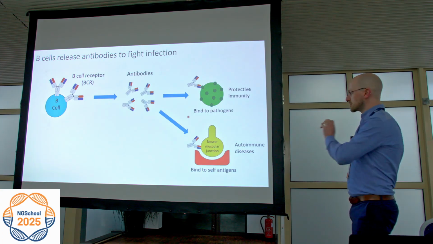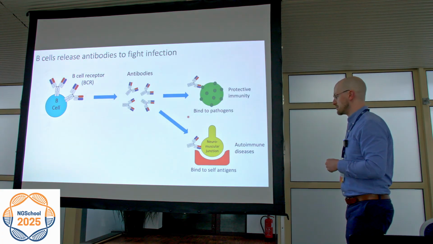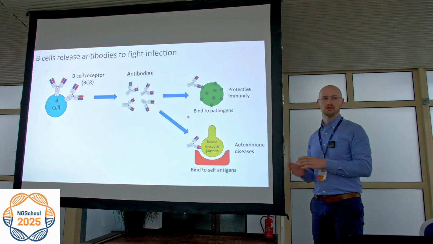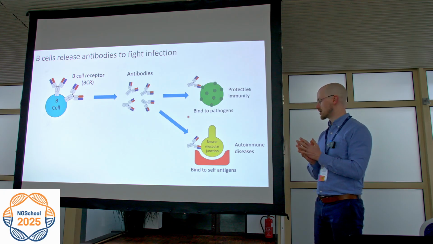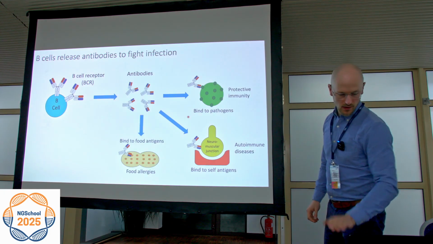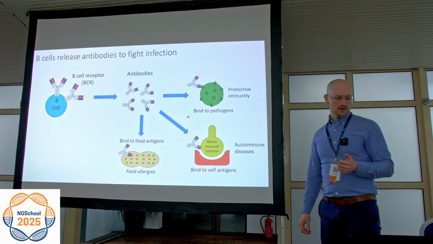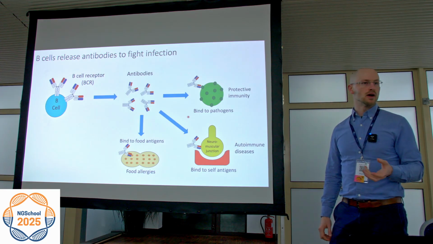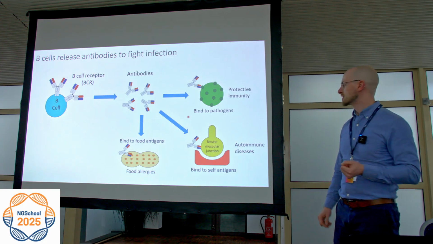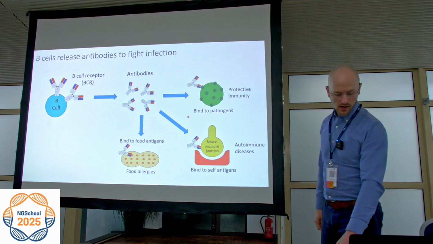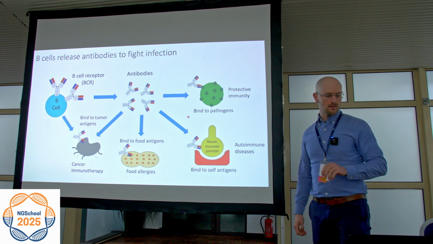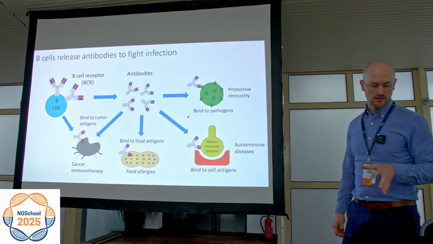However, it's also possible that antibodies can bind to self-antigens, and this can cause autoimmune diseases. Certain types of antibodies can bind to otherwise harmless food antigens, and this can cause food allergies. And B cells seem to have a dual role in cancer response.